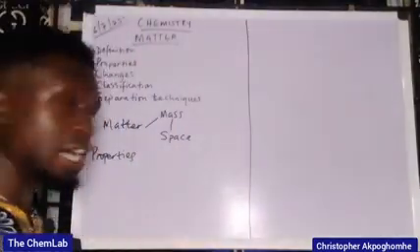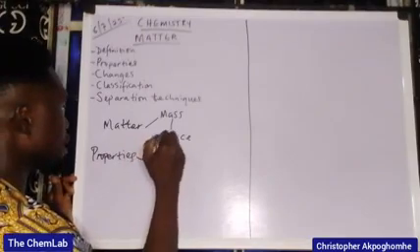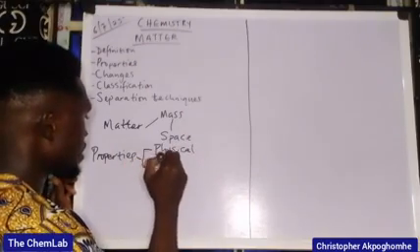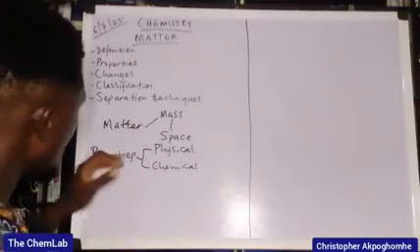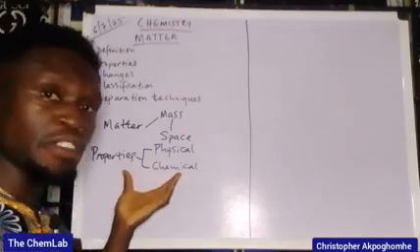The properties of matter can be grouped into two: we have what we call physical and chemical.